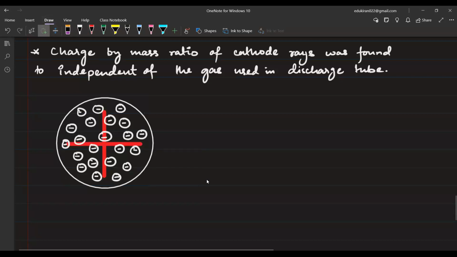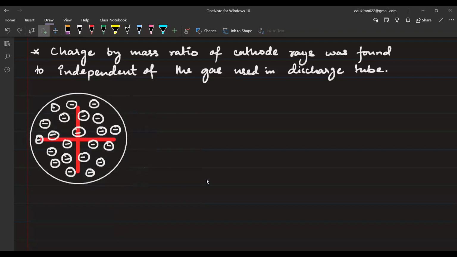Understood? Yes or no? Please tell me. How did J.J. Thomson conclude this? Yes, I understand. Yes, sir. Right. So you will write, by above observations, Joel, you understood?